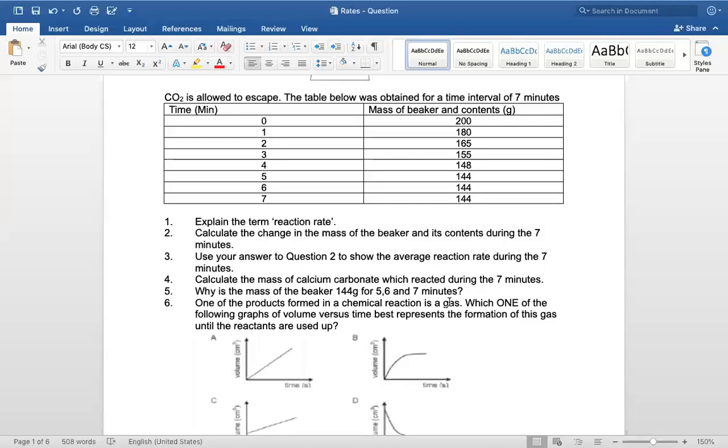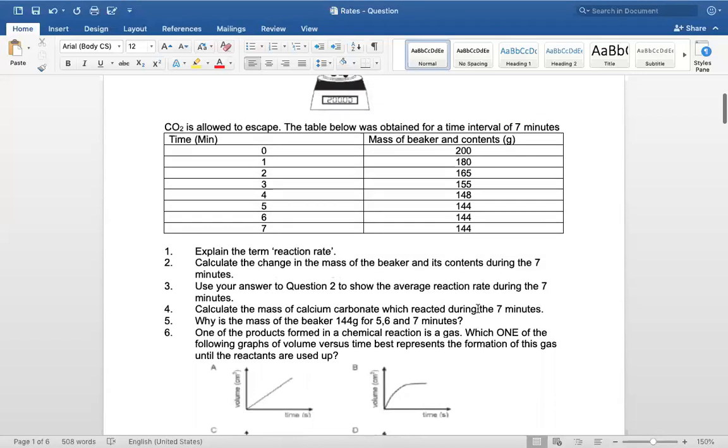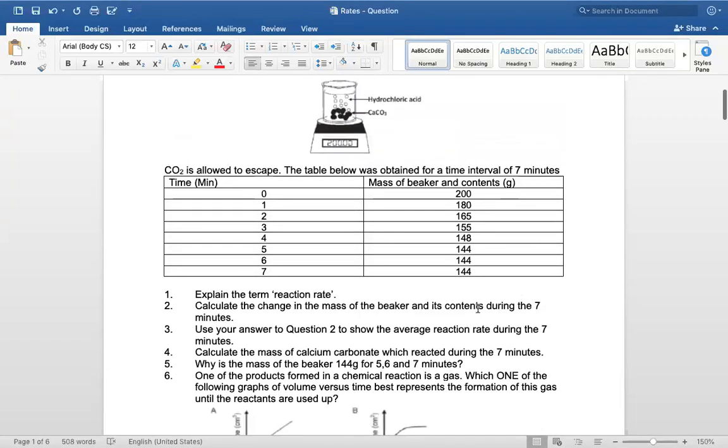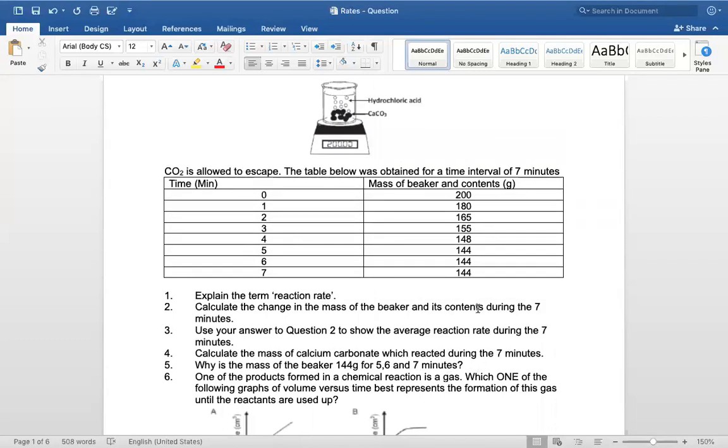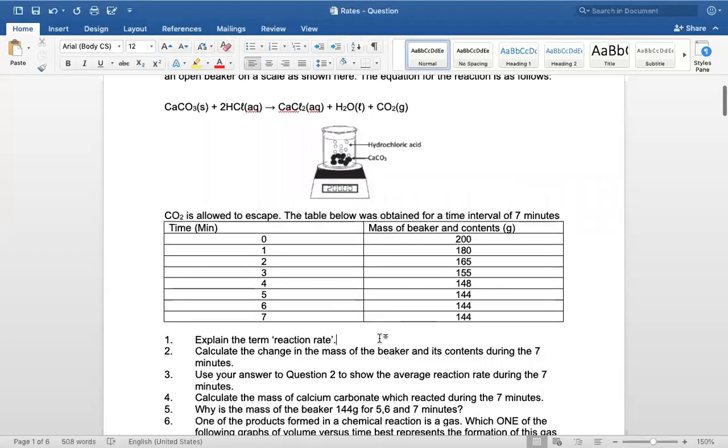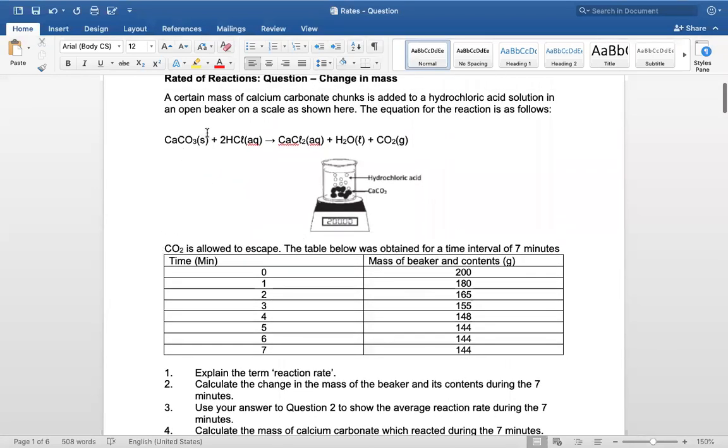It's because one of the reactants has been used up, all right? And most probably in this case, go to this reaction and you will see that what has been given off, the substance that has been used up will most probably be the calcium carbonate.